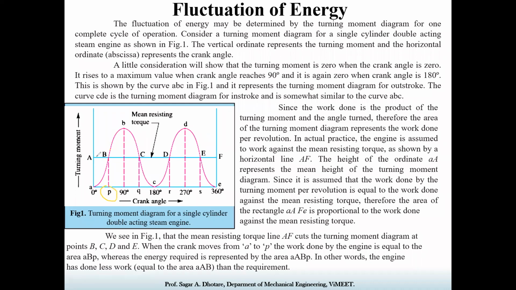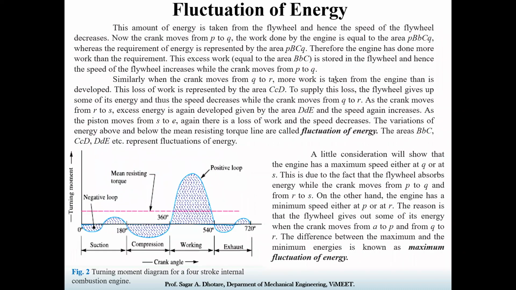This is PB, then C and Q. So that much is the work. The area required for energy is represented by PBCQ. Therefore, the engine has produced more work than required. This excessive work has to be stored in the flywheel. Hence, the speed of the flywheel increases while the crank moves from P to Q.